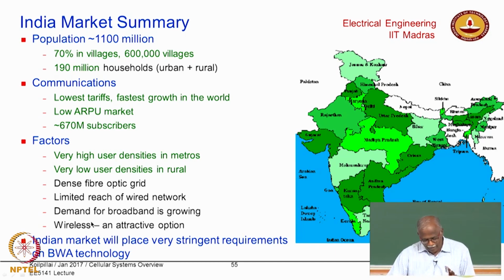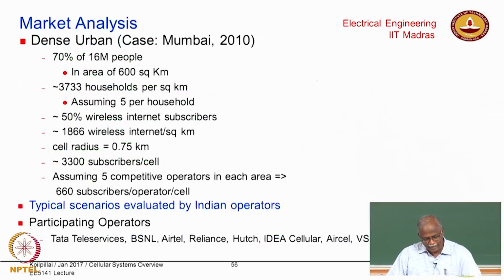So the Indian market places some unique requirements. But why would operators be interested given the fact that it is a low ARPU market? Average revenue per user. It's not a market that will generate a lot of revenue. There's a lot of competition, so prices are low. So why would operators be interested?